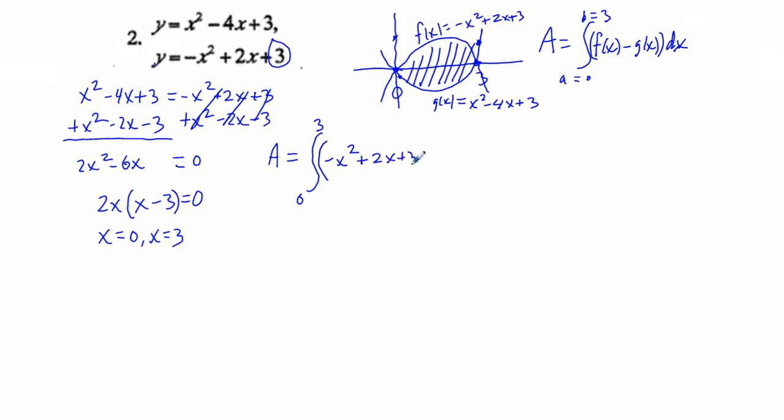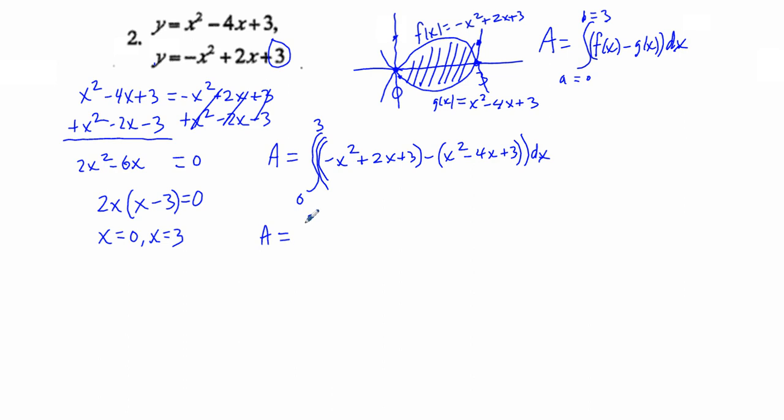And we're going to subtract out g of x, which is x squared minus 4x plus 3, dx.